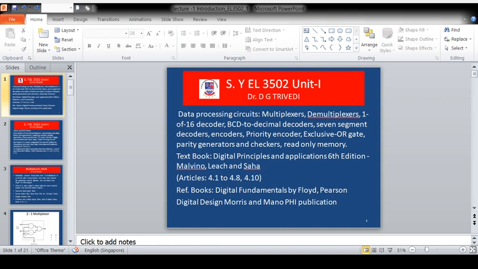So the difference between the sequential logic circuit and combinational logic circuit is this. In a combinational logic circuit, the output at any state of time depends upon the input at that state of time only. If the input changes, the output changes. It depends upon the presence of the input at that time only. That is called a combinational logic circuit.